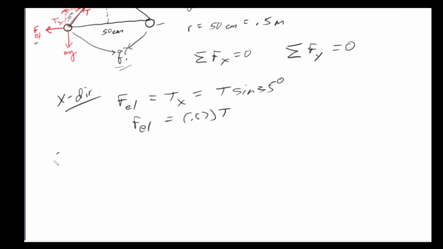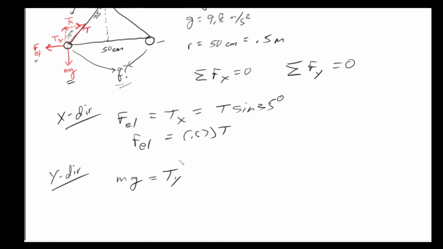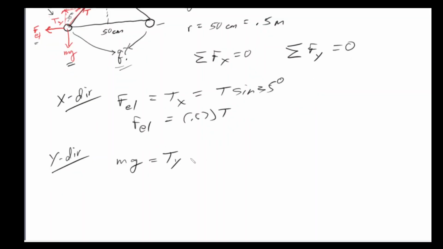Now let's look at the forces in the y direction. Well, we have our force due to gravity, which is mg, and that has to equal our tension in the y direction, which is here, and that's equal to tension times cosine of 35 degrees.